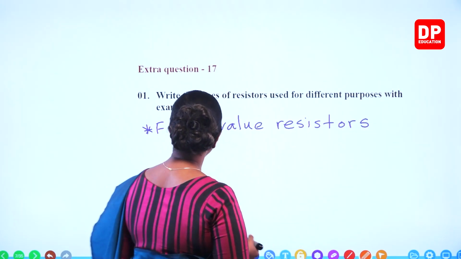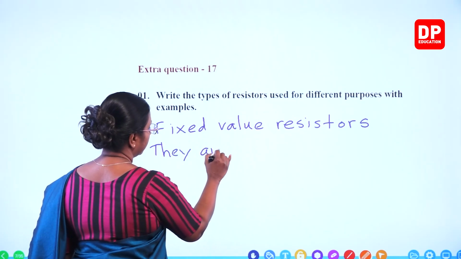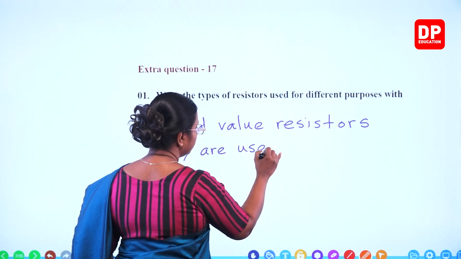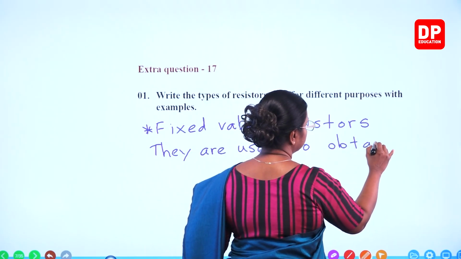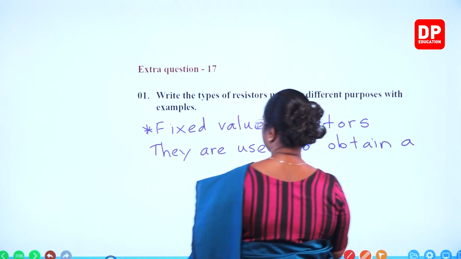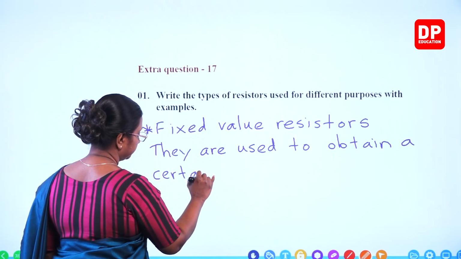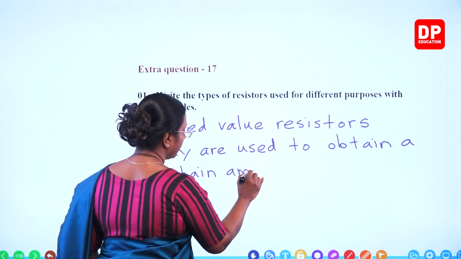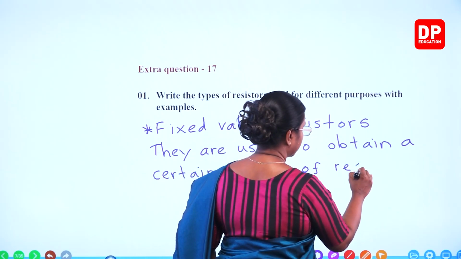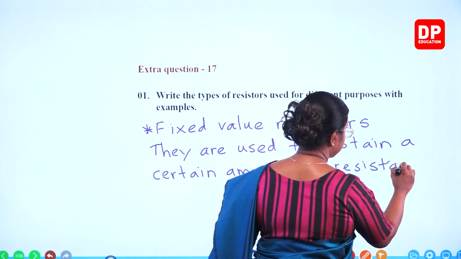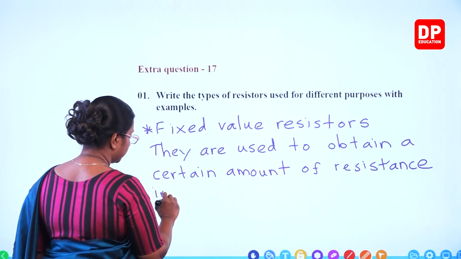When we say fixed value resistors, they are used to obtain a certain amount of resistance in the circuit.